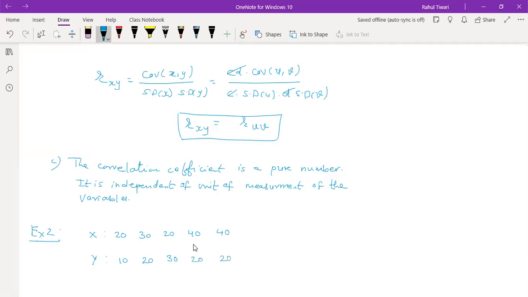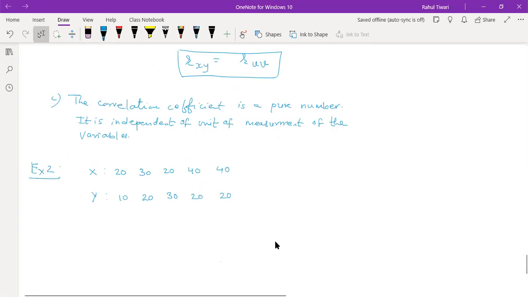Okay, this is my data, and I'm interested to obtain r and comment on it.